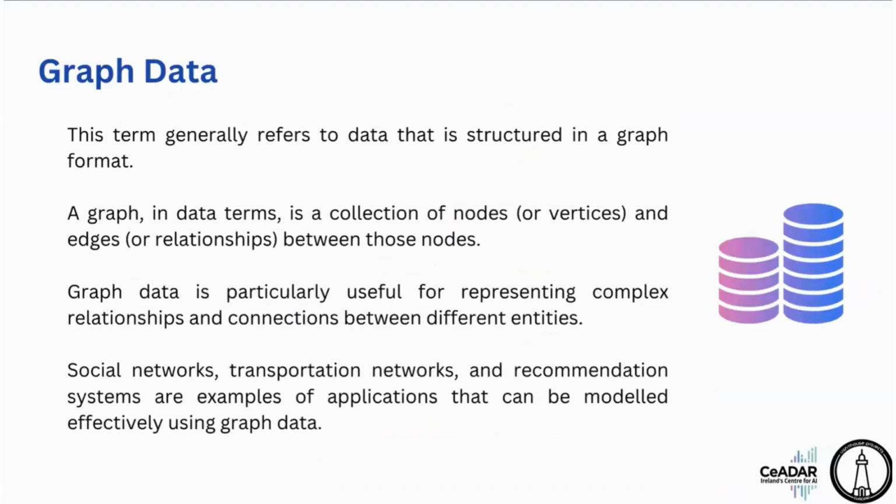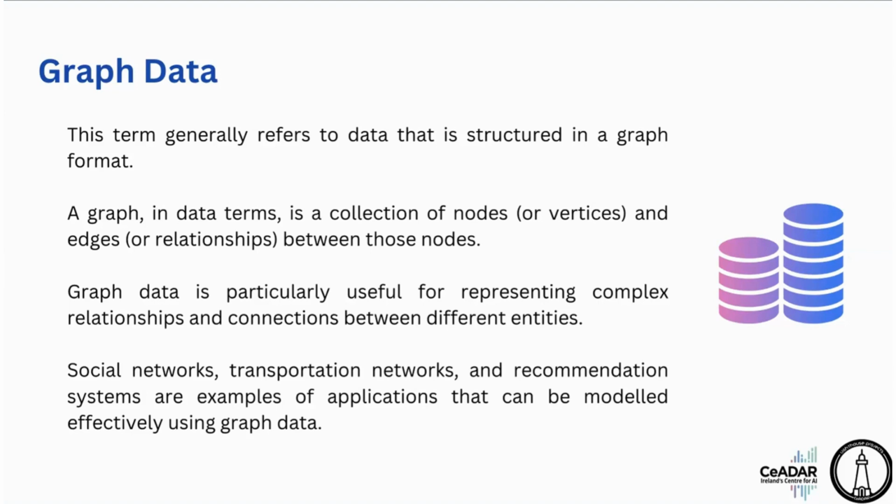The term graph data is basically graph-structured format data, which is a collection of nodes and edges. Graph data is used for complex relationships and for connecting different entities. There are many real-world applications where graph data can be used. One example is Google Maps, which contains transportation networks.